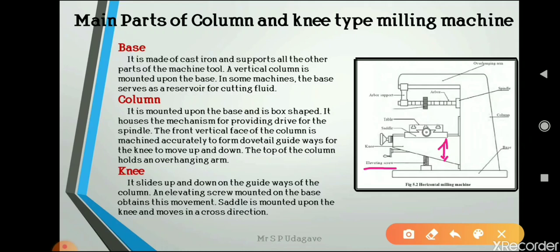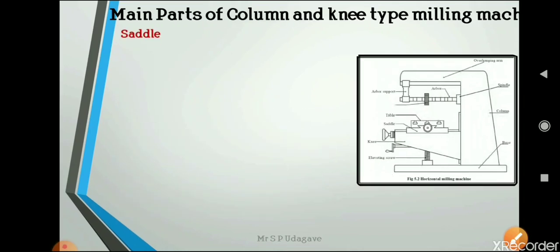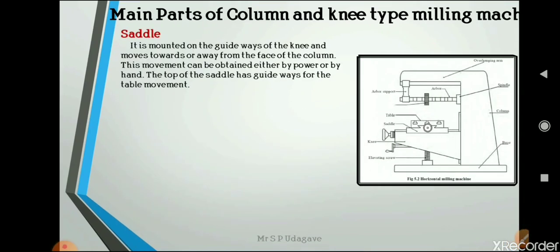The saddle is mounted on the guideways of the knee, so that it moves towards and away from the column. Next is the saddle. As we have seen, it is mounted on the knee, and it moves towards and away from the column.